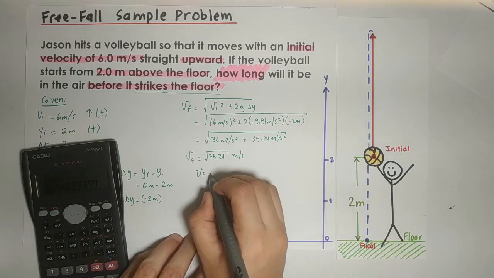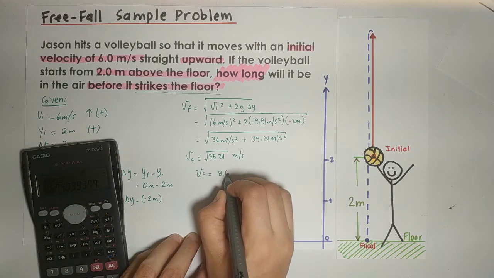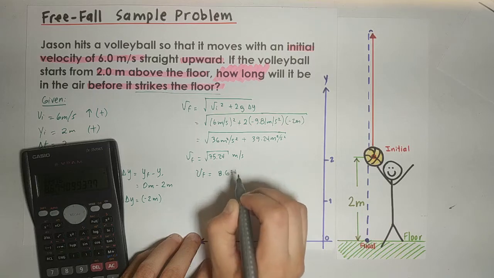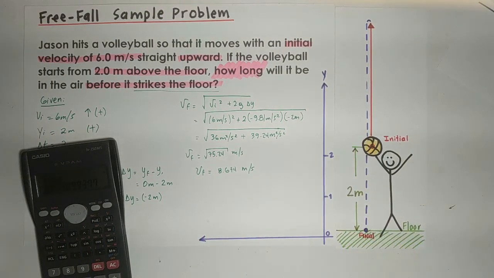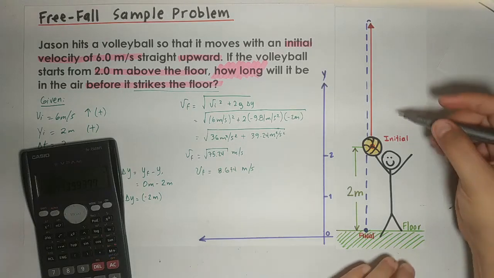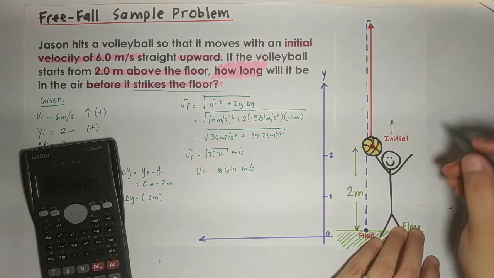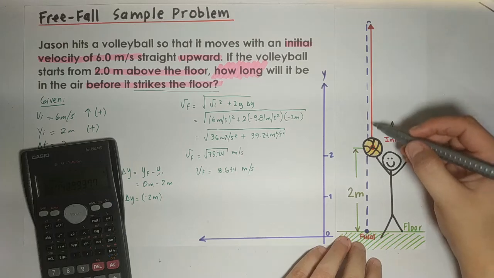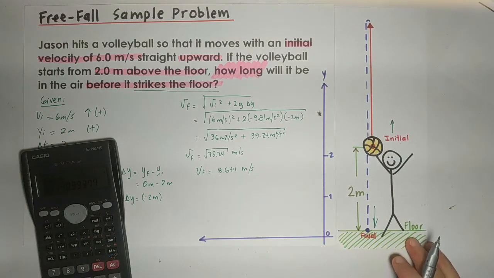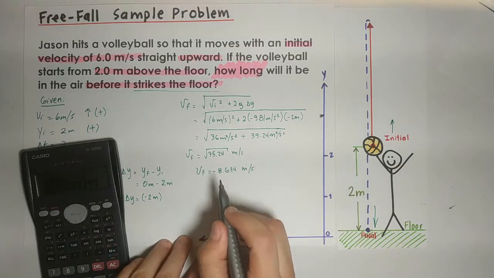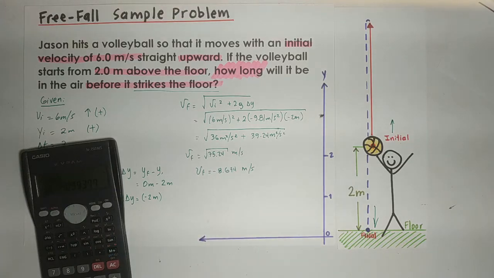So my final velocity is 8.674 meters over second. Now my final velocity, take a look, the initial velocity is going upward, but my final velocity, when it's about to reach the floor, is going downward. As it is going downward, the final velocity should be negative.